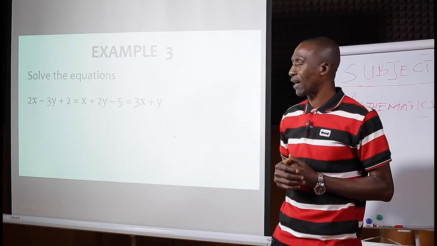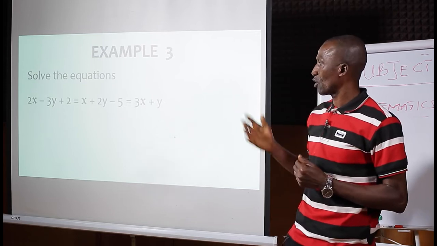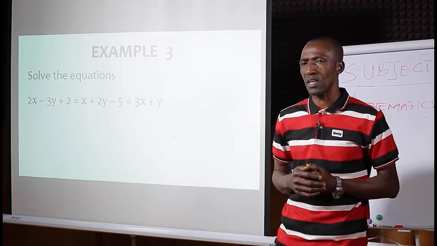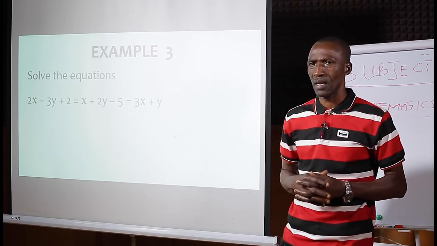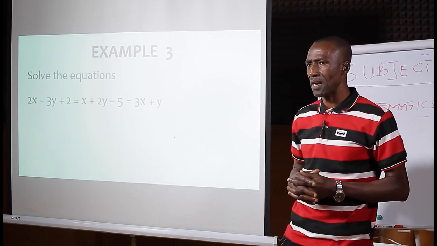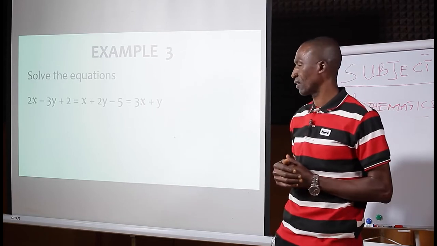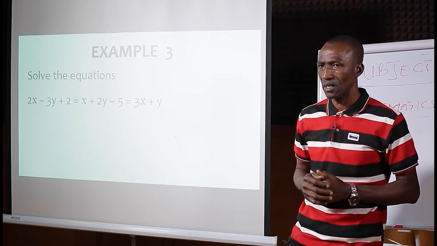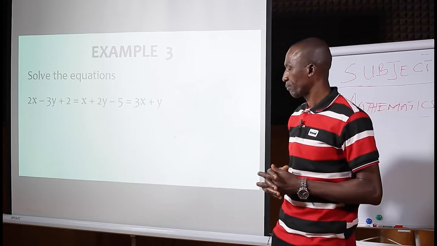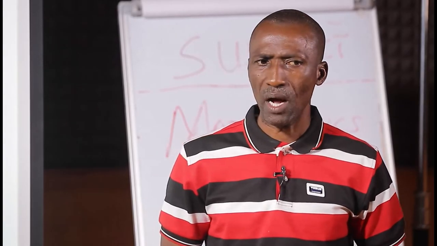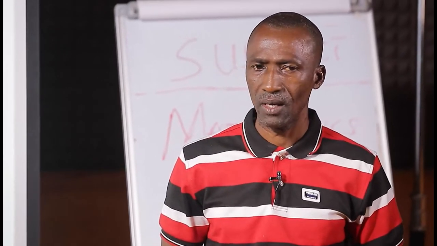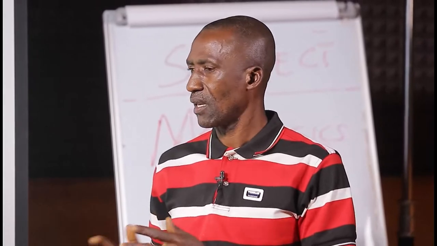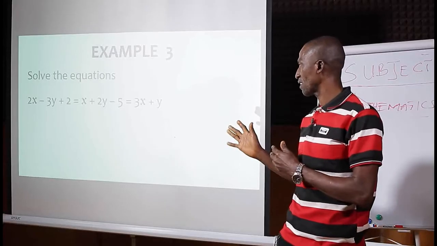Before we go further to find the solution of this, my dear students, I want you to recall there were 2 basic rules I gave you right from the inception of this lesson under elimination method. 1, make sure the equations are balanced. It's very important. You can choose to balance either of the 2 unknowns, either x and y.